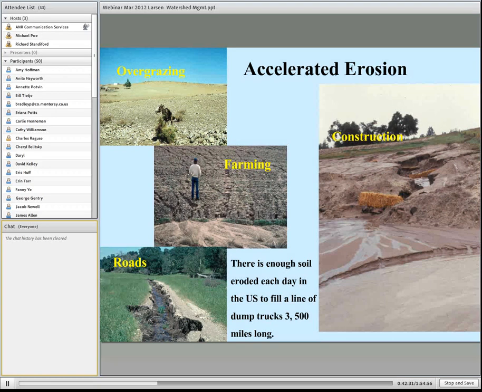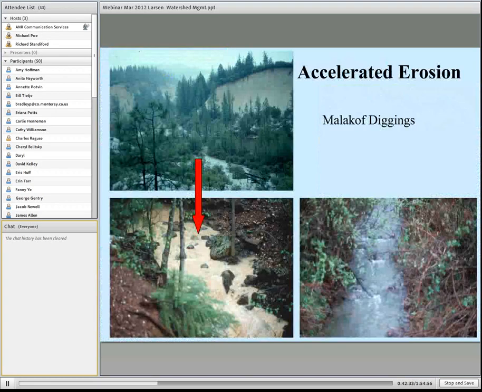An example of accelerated erosion that I like is the Malakoff Diggings up east of Sacramento in the foothills there, an old gold mine where they took a monitor and literally washed away the sides of the mountain in order to get the gold. They realized in the late 1800s, early 1900s that it was not a good practice and quit doing it.